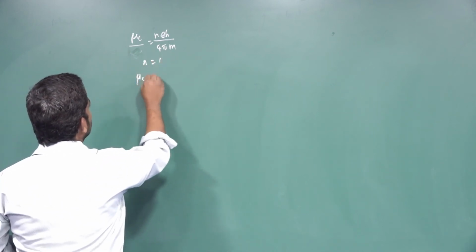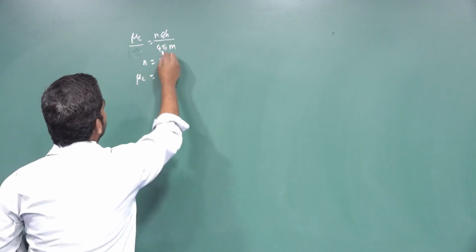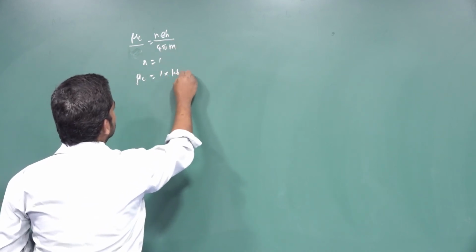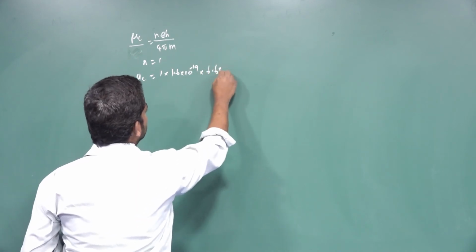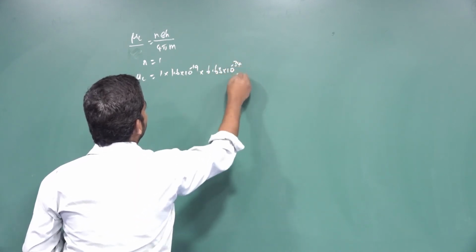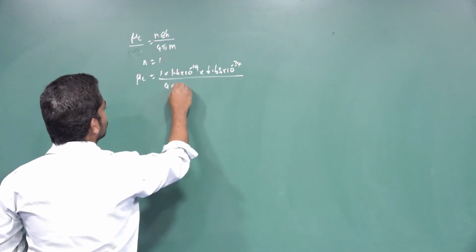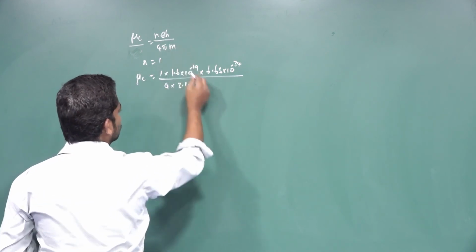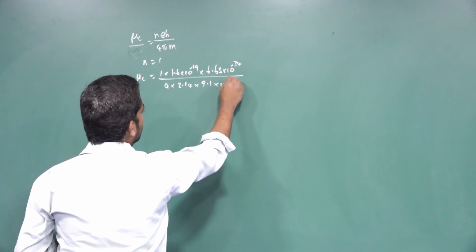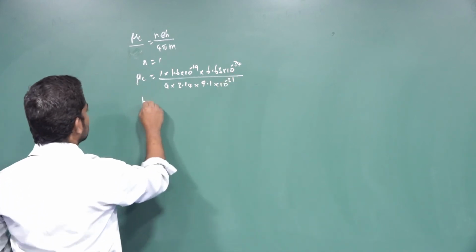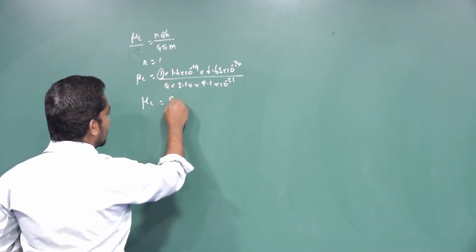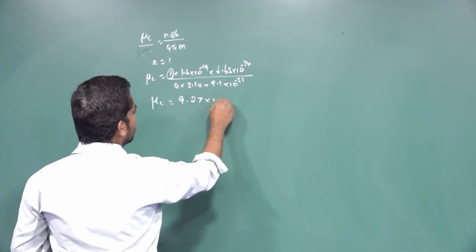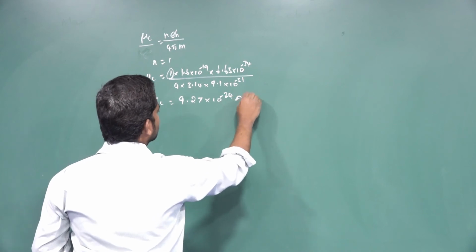So with n equal to 1, e is 1.6 into 10 power minus 19, and h is Planck's constant 6.63 into 10 power minus 34, divided by 4 into 3.14 into the mass of the electron, 9.1 into 10 power minus 31. We get the final answer for n equal to 1: 9.27 into 10 power minus 24 ampere meter square.